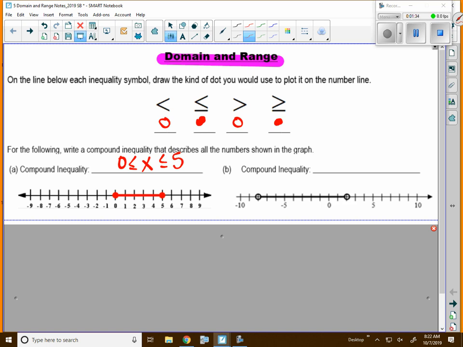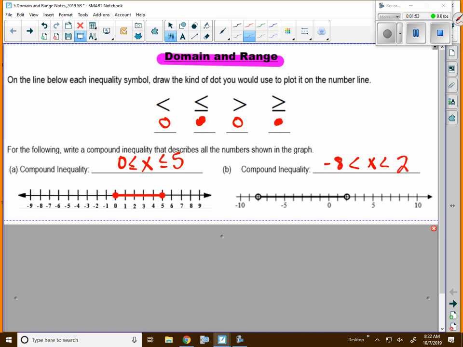Alright, for the second one, we have two open circles. So that's going to be less than and less than. No equal to's on those. And we go from, is that negative 8? Yeah. Negative 8 to positive 2.